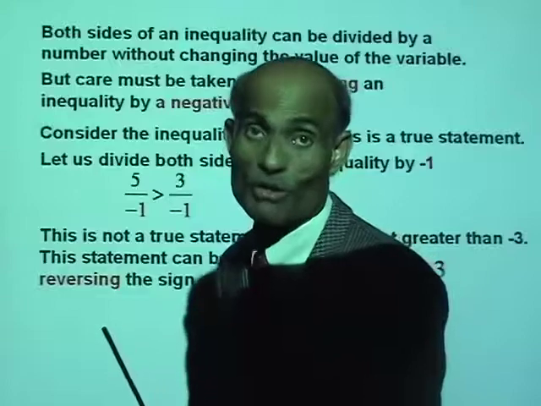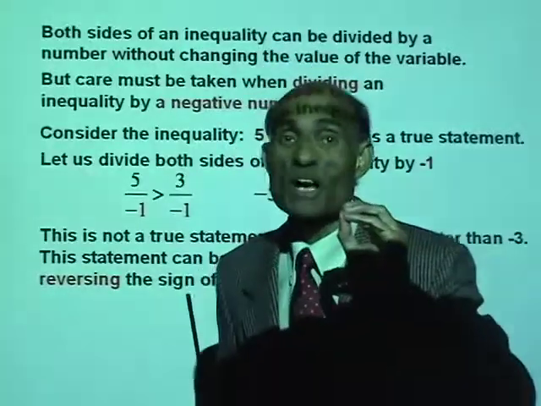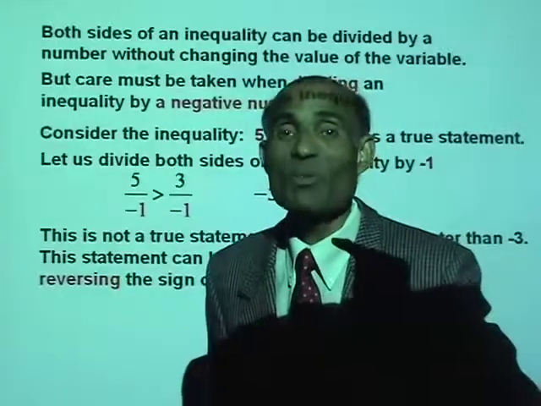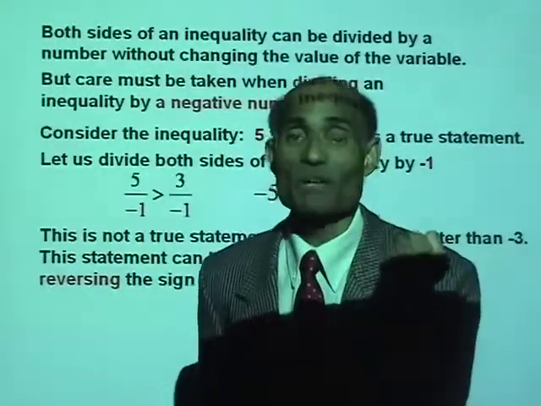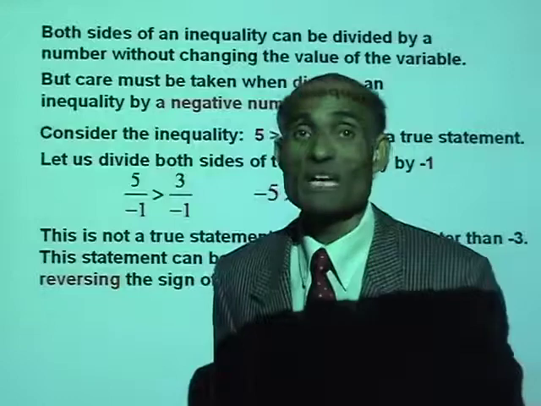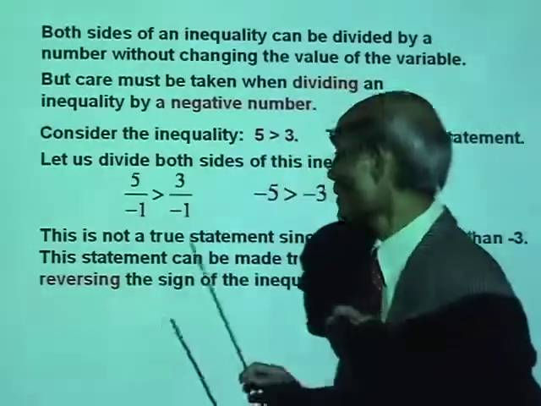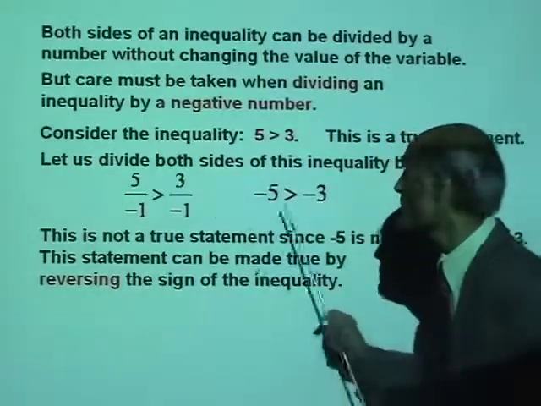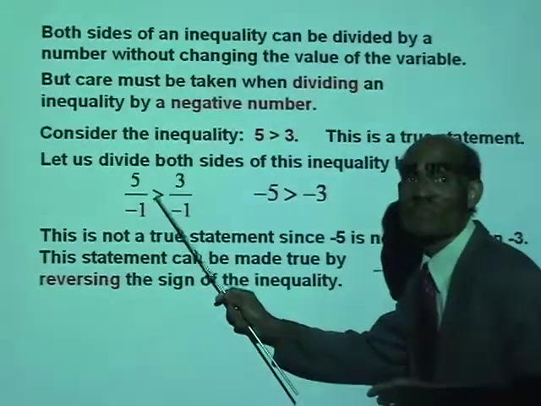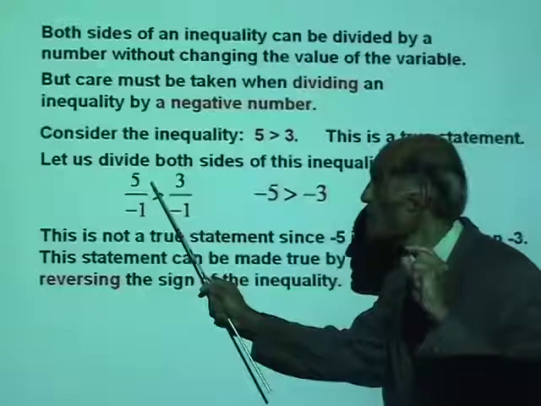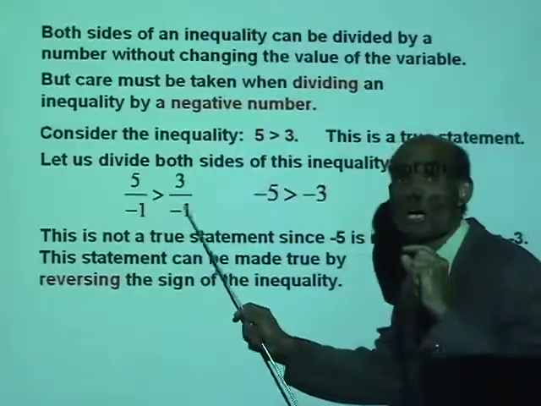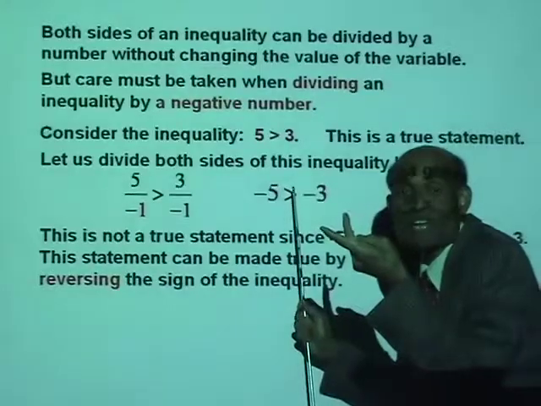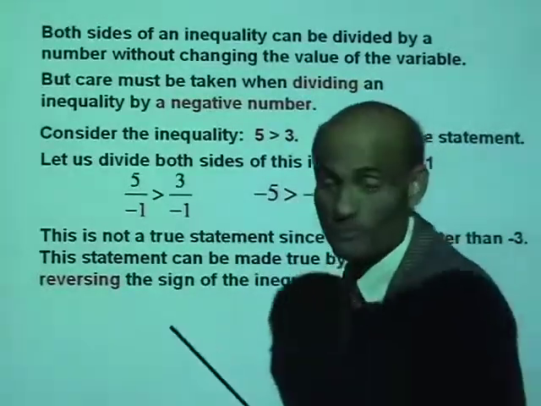And therefore, what is the precaution that you need to take when you divide an inequality by a negative number? When you divide an inequality by a negative number, you must reverse the inequality sign to make it true.